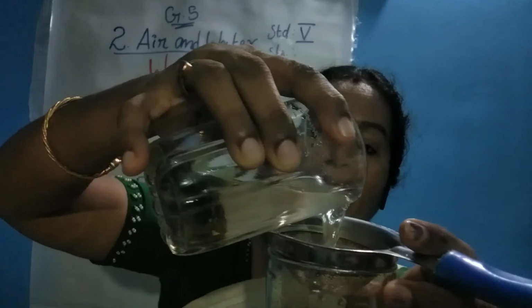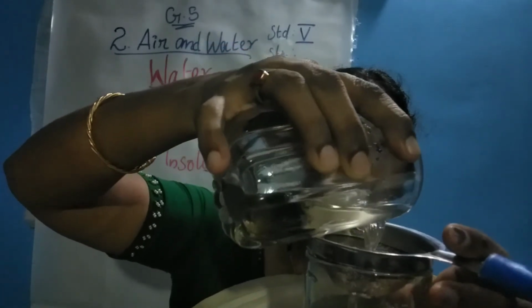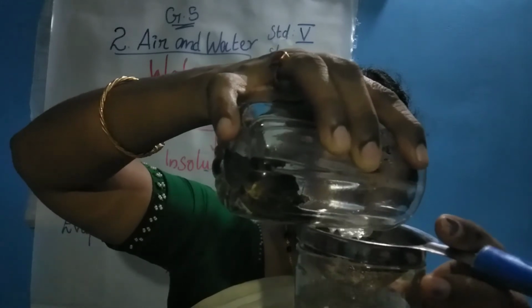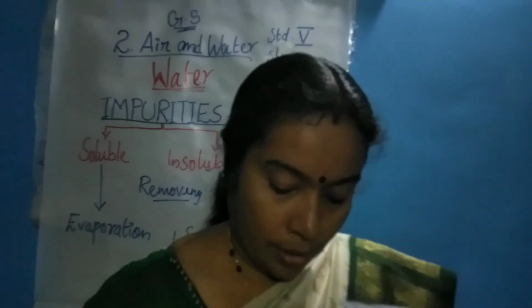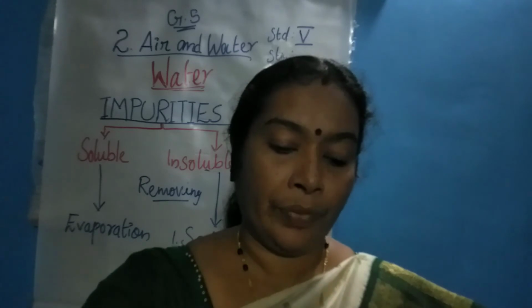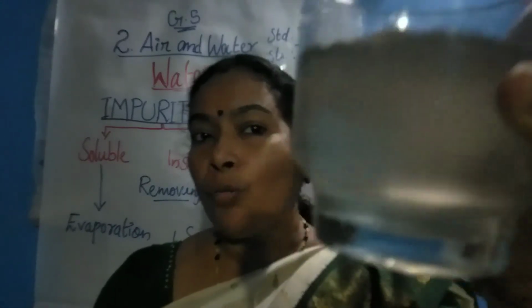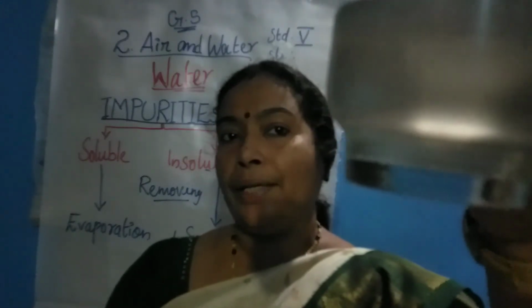So like that, you can see, I am slowly pouring down the water so that the settled down impurities do not come, but the floating impurities, see, we can keep in the strainer. It is in the strainer and we get clean water only.